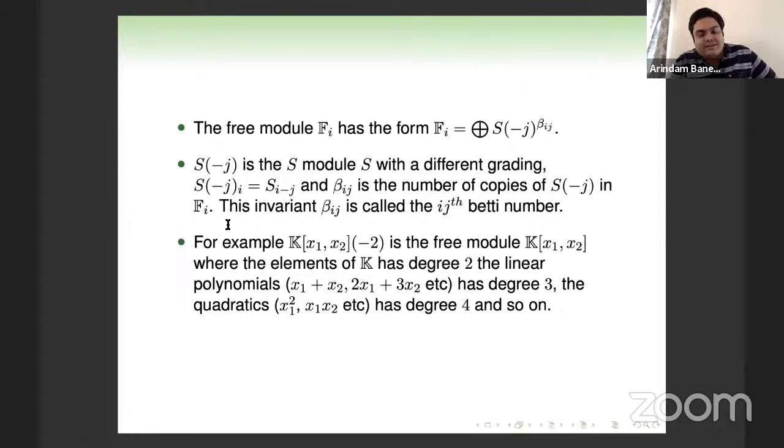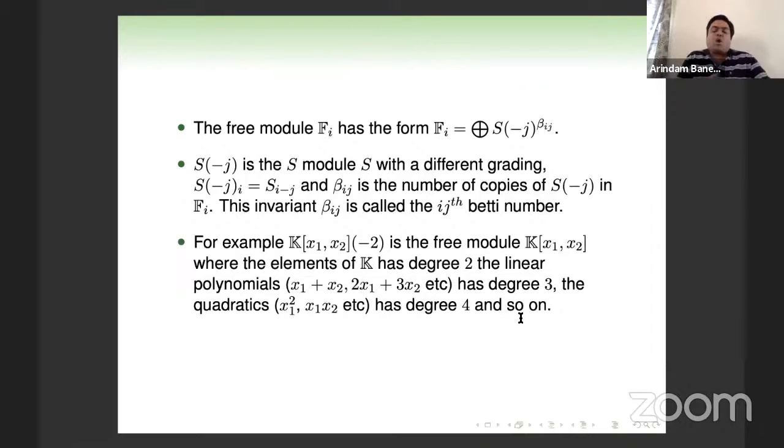So the degree 0 elements in S are just the scalars, the elements from the field. S(-2)_3 is S_(3-2), which is just S_1, the linear polynomials. So the linears have degree 3. Similarly, the quadratics have degree 4 and so on.